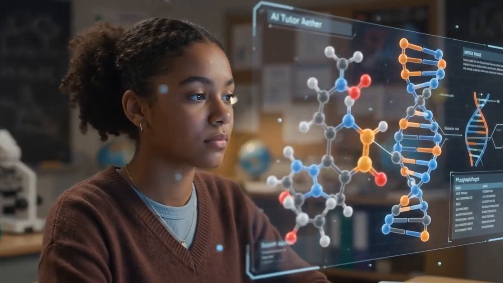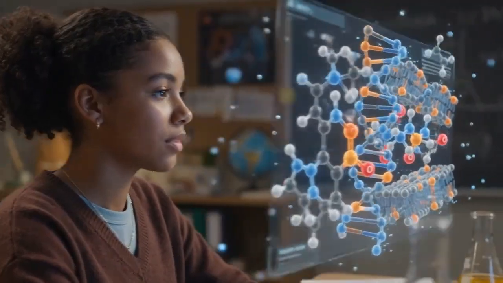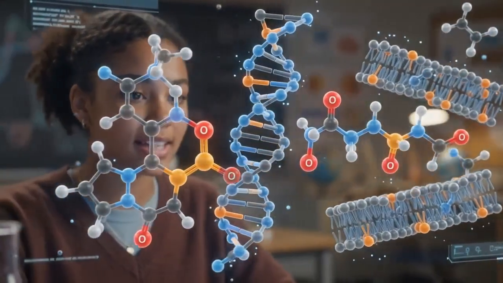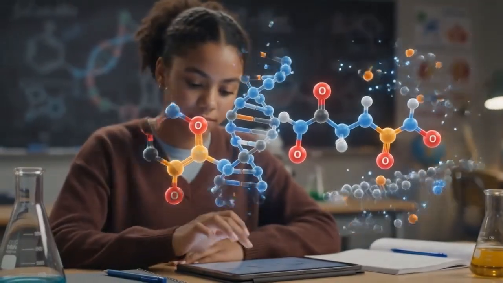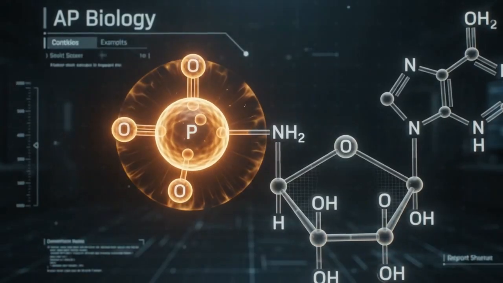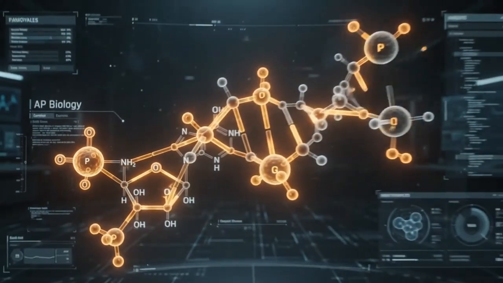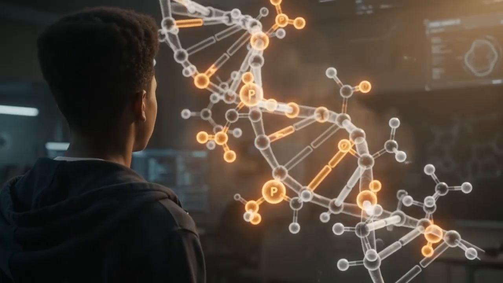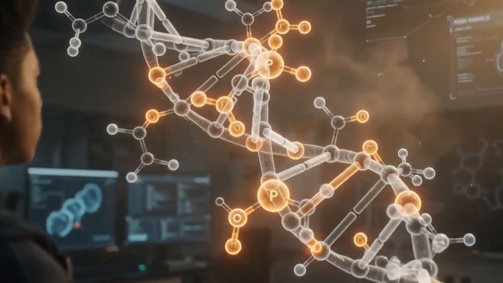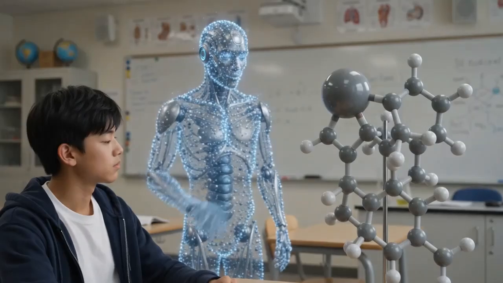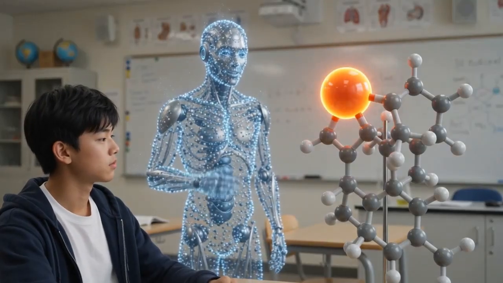Cells use phosphorus in phosphate groups. Those groups become part of nucleic acids and phospholipids. Which part of this phospholipid contains phosphorus?